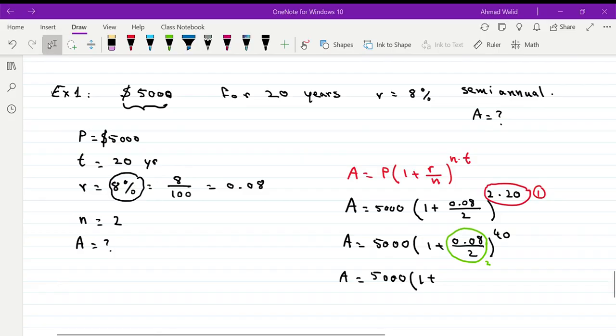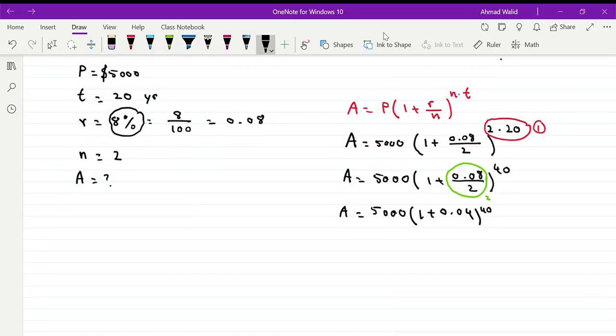Here you see 0.08 divided by 2, which gives you 0.04, right? Then 1 plus 0.04 to the power of what? 40.